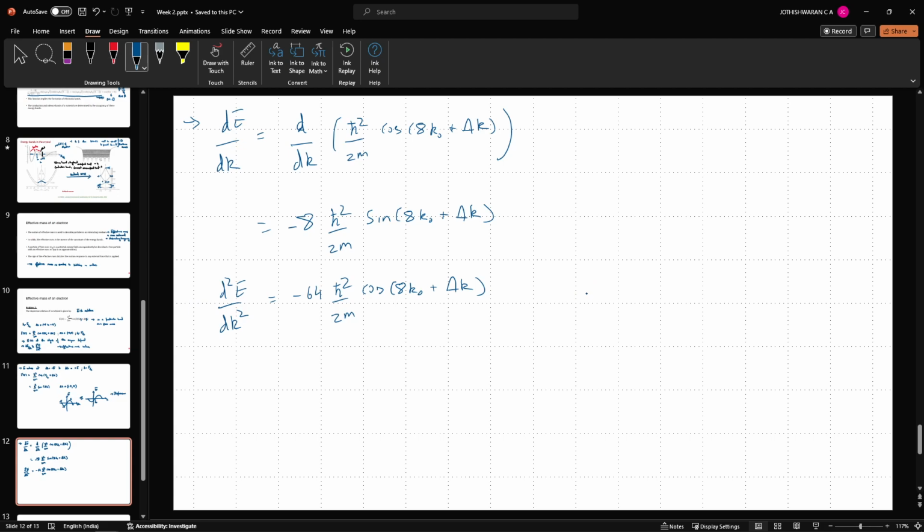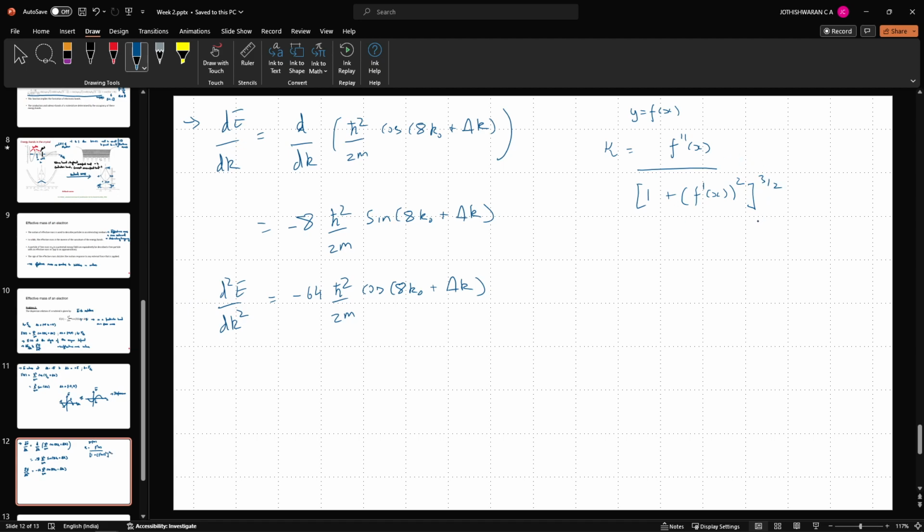Now, in general, the curvature kappa for any function of the form y equals f of x is given by f double dash of x divided by (1 plus f dash of x the whole squared) the whole raised to the power 3 by 2.